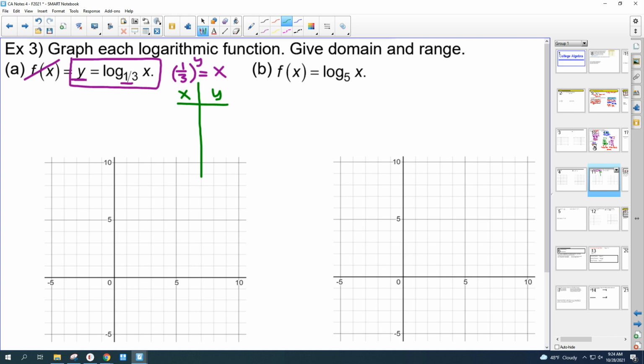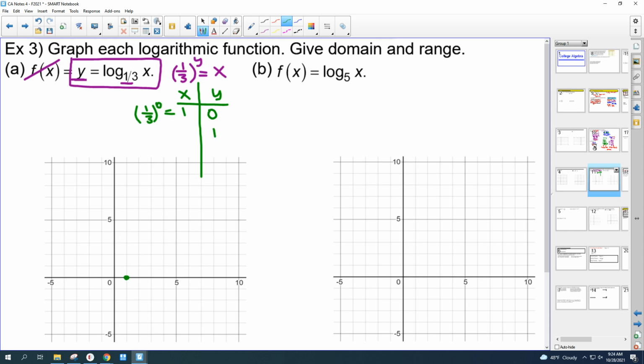It's 1/3 to the y power. So when I plug in 0 for y to figure out what x is, 1/3 to the 0 is 1. So I know I'm going to have a point at (1, 0). X is 1, y is 0.